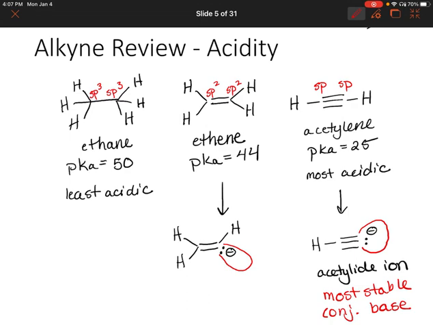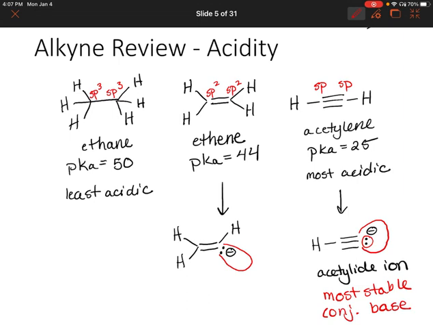So electrons can travel pretty far away from the nucleus. But when we get down to an sp orbital, that's 50% s character. And so the electrons are kind of stuck in more of this spherical shape. So remember, there's electrons there. So they're going to be closer to the nucleus.